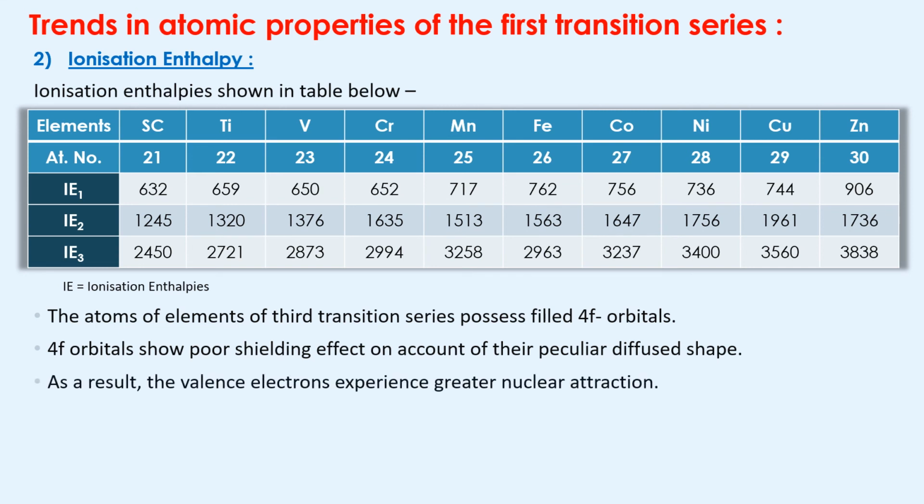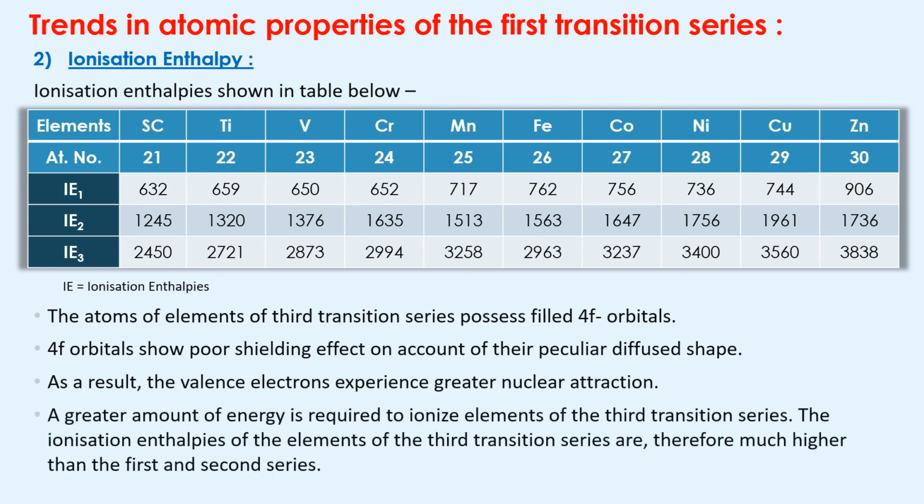So what happens? The valence electron experiences greater nuclear attraction. So a greater amount of energy is required to ionize the elements of the third transition series, and the ionization enthalpies of the elements of the third transition series are therefore much higher than the first and second transition series.